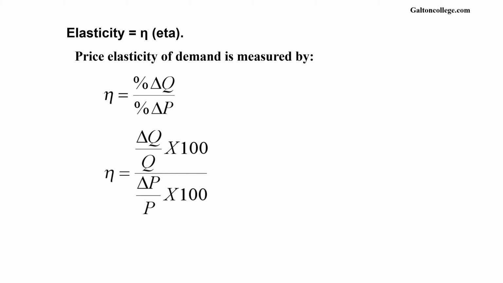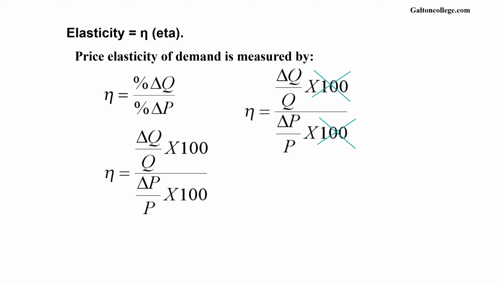So those hundreds can cancel. So now we've got the elasticity is the change in the quantity divided by the quantity over the change in price divided by the price. So we can knock off the hundreds just to make it a bit simpler.